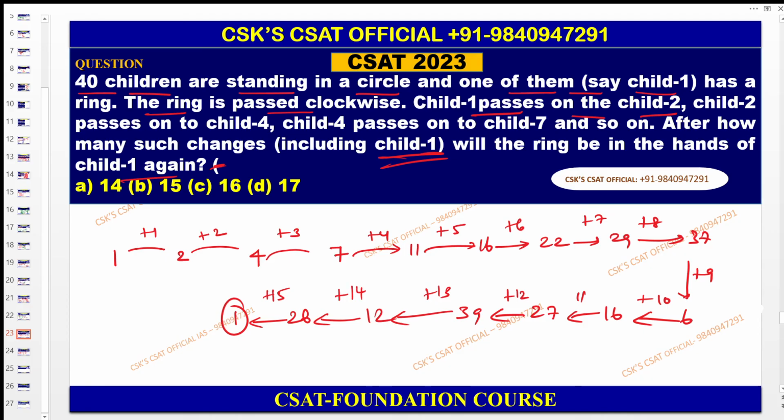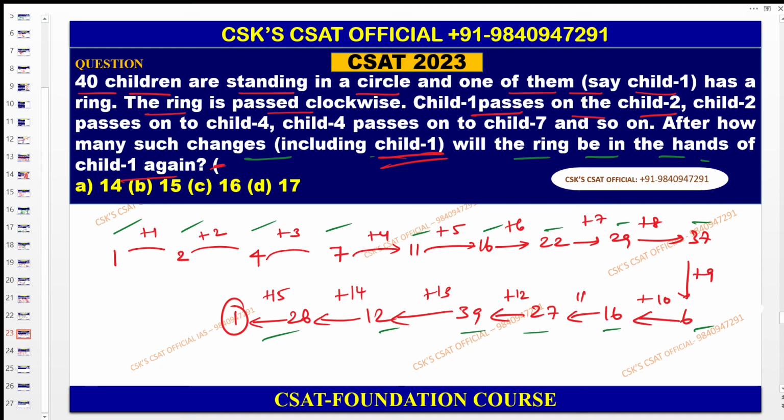So how many sequence we have done here? How many such changes will the ring make before it is in the hands of child 1 again? Now try to understand, including child 1: 1, 2, 3, 4, 5, 6, 7, 8, 9, 10, 11, 12, 13, 14, 15. Again comes here. So therefore 15 times it takes to come to the child 1 again.